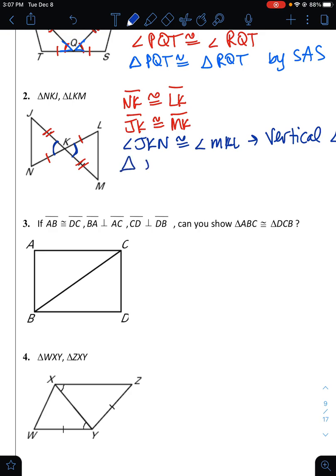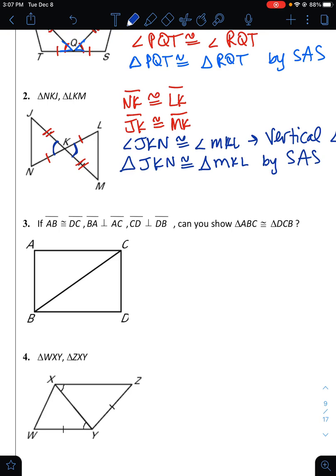So I know that triangle JKN is congruent to triangle, it does matter how you name this here. So it should be named MKL, because I'm trying to align my corresponding sides, by SAS.